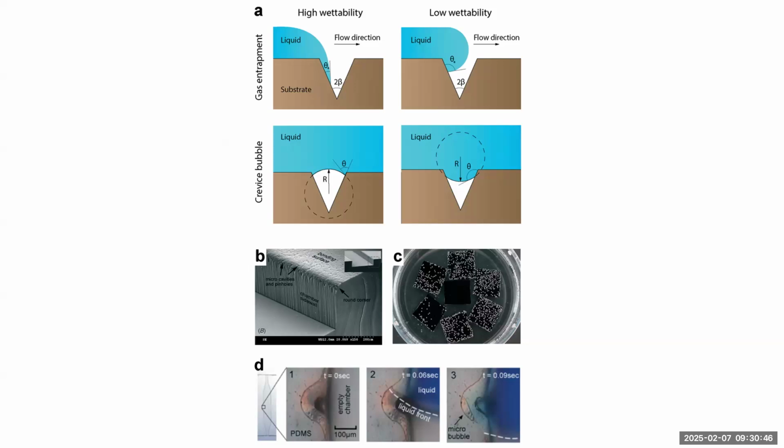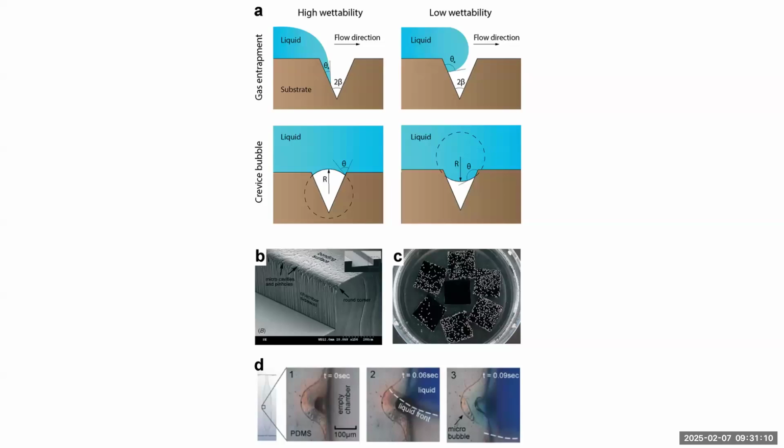Yeah. So they call it the advancing angle and the receding angle. So if we look at part A of this figure, the advancing angle of the liquid needs to be less than the receding angle inside of the crevice.